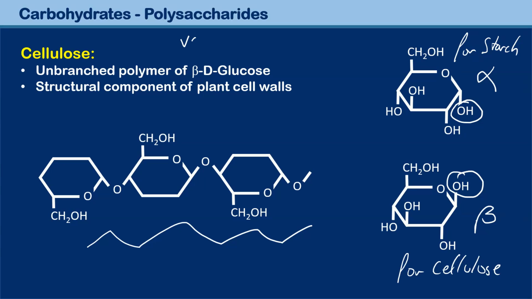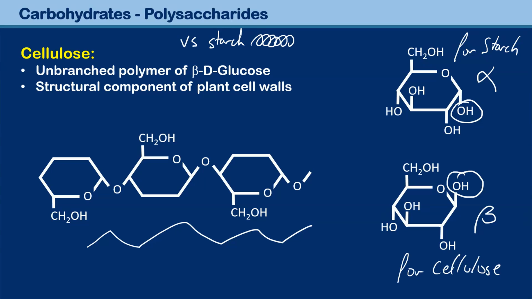Versus starch, the glucose molecules make a spiral form, and this is not a fiber. So that is the difference: in cellulose you use beta-D-glucose, and in starch you use alpha-D-glucose.